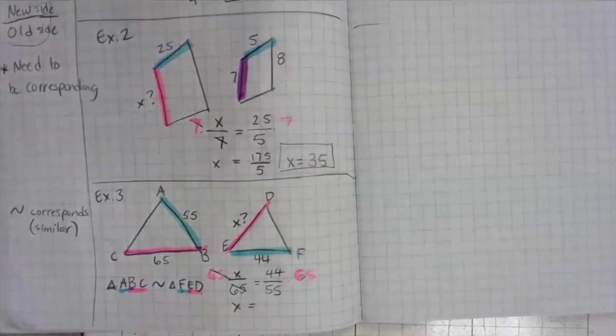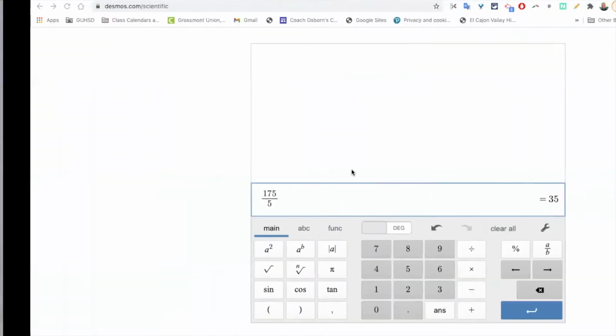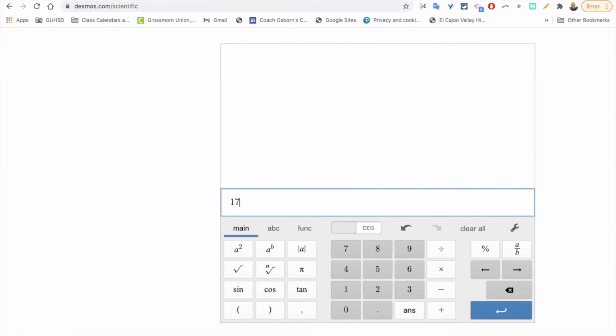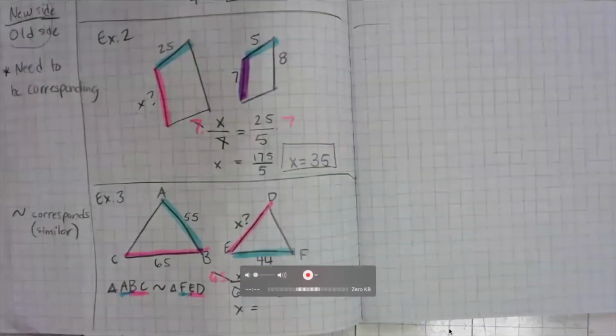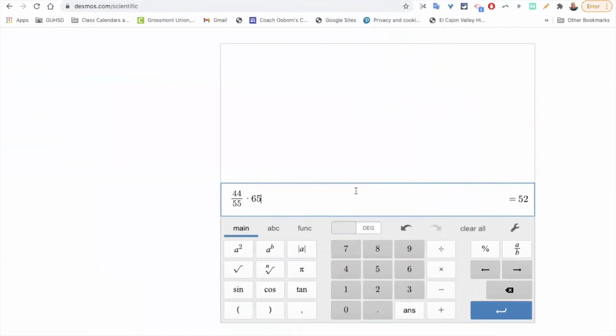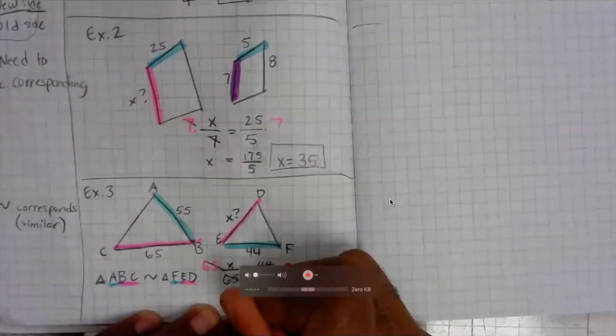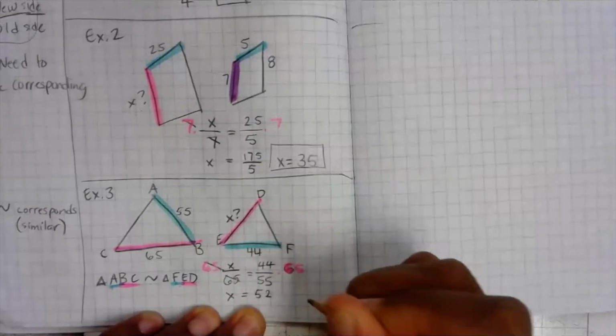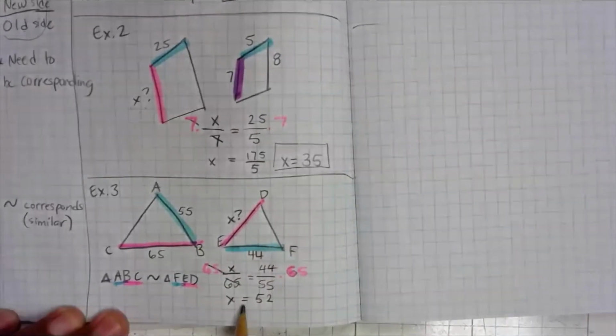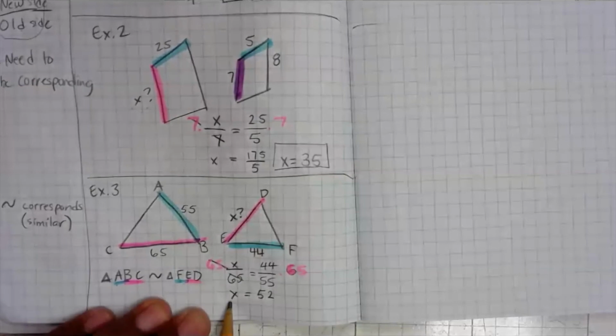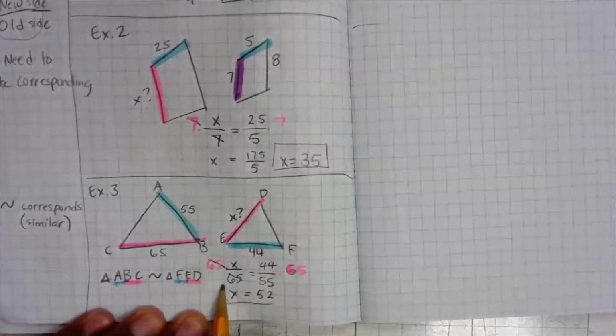So in Desmos, we're just going to do, first of all, 44 divided by 55. And then out here, I'm going to put times 65. So literally, it's the same thing, just like it was written here. Okay, so that's 52. Okay, so that's our missing side, X equals 52.